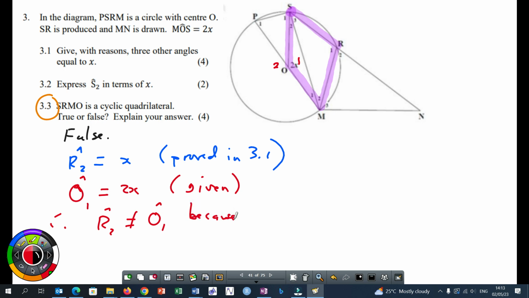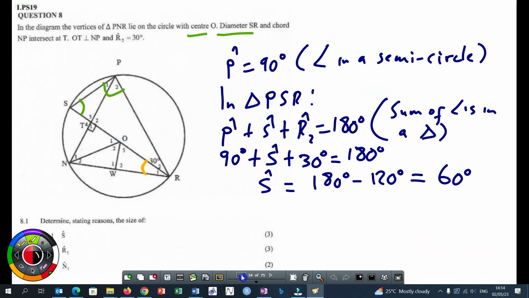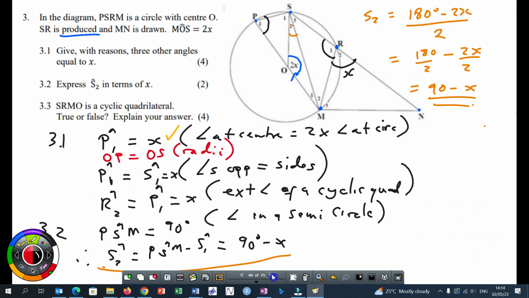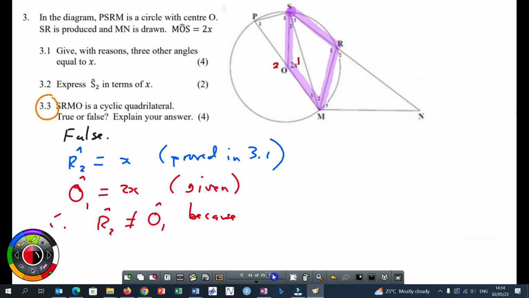Okay, here I think I'm providing too much information. Let me not do that. If you want, you can just state that R2, which is an exterior angle, is not equal to the interior opposite angle. But this is fine.